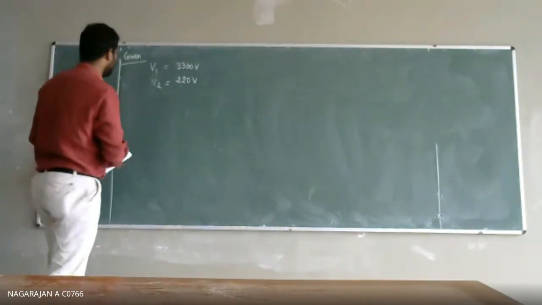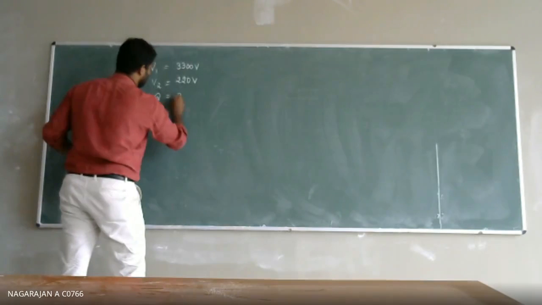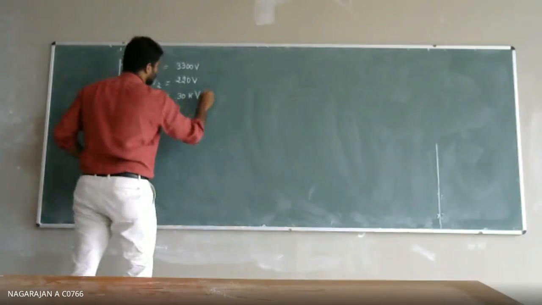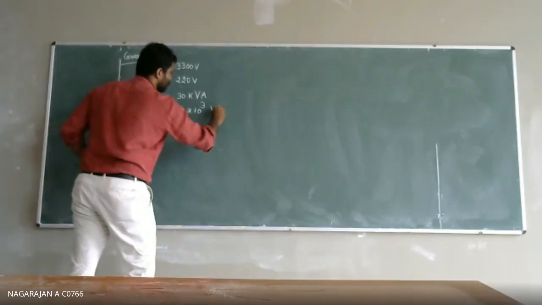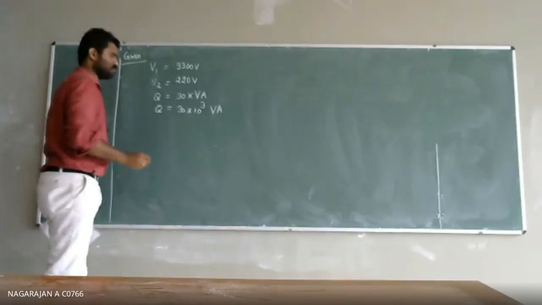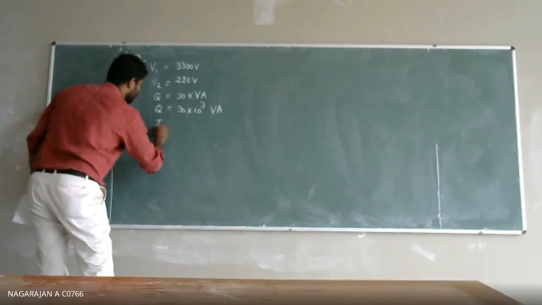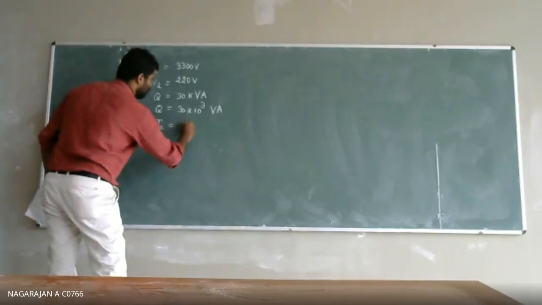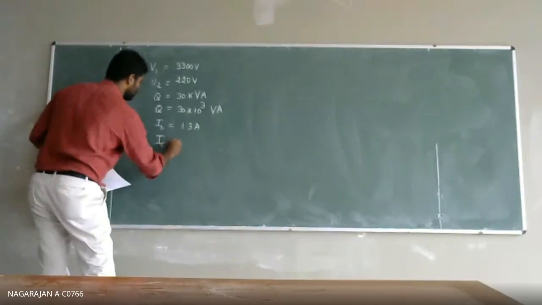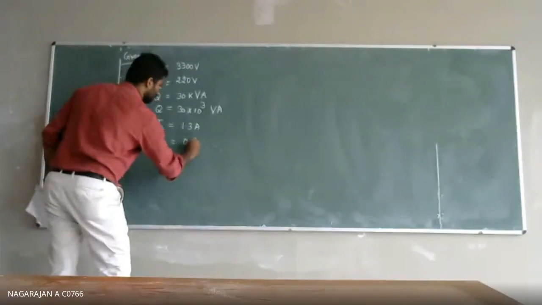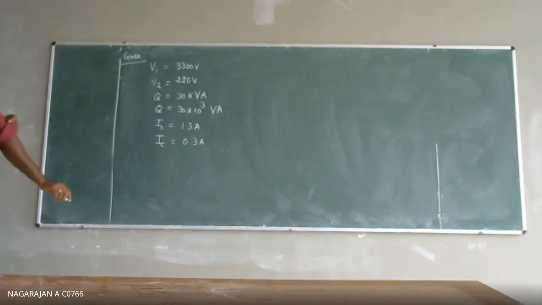And the rating is denoted as Q, equal to 30 kVA, or you can write that as 30 into 10 to the power 3 volt-ampere. Next, they have given the no load current I0, which is 1.3 ampere, and IC value is 0.3 amp. So these are the data given in the problem.